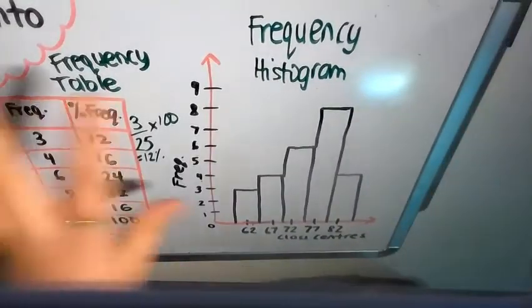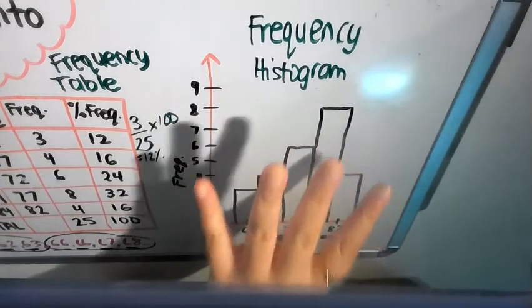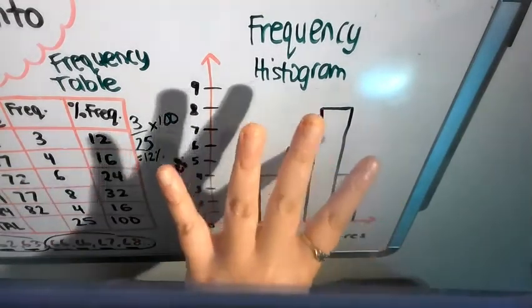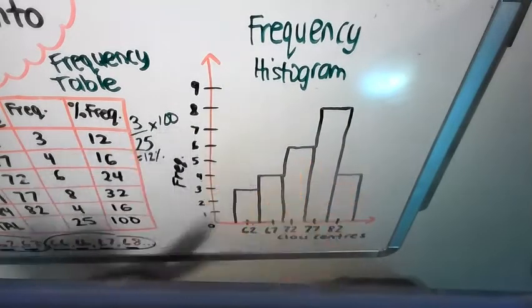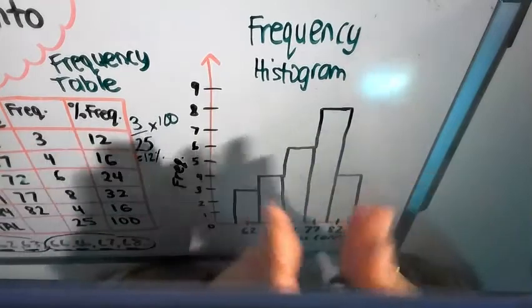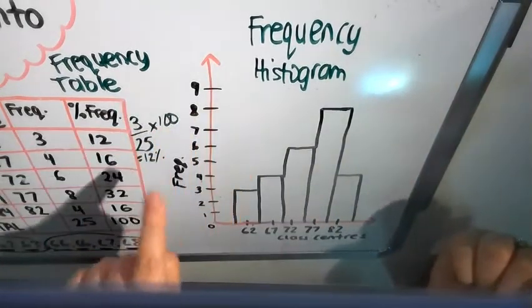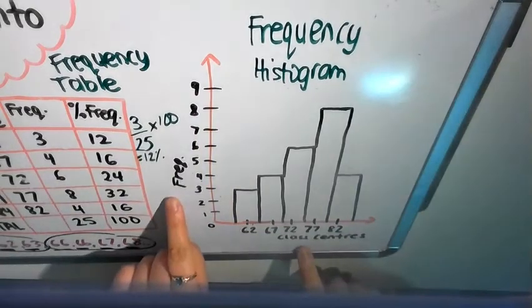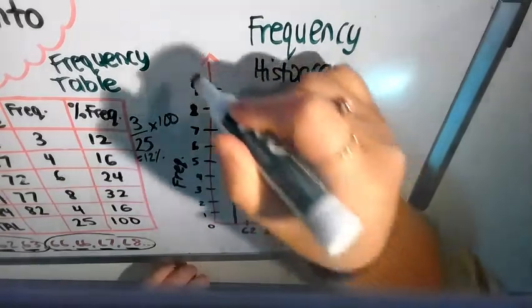Once we have organized data, we need to know how to present data. Most of it is like the frequency histograms that you've learned how to do. All the columns are smushed together. You need to have an appropriate scale, a title, and labels. The label on the y-axis is the same.